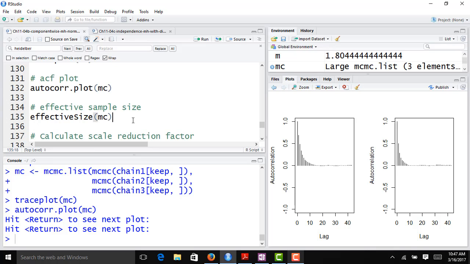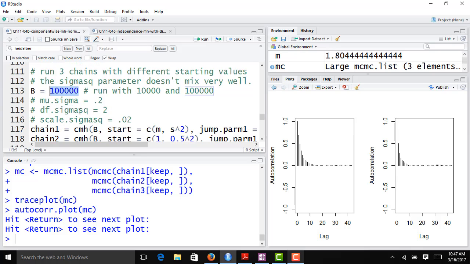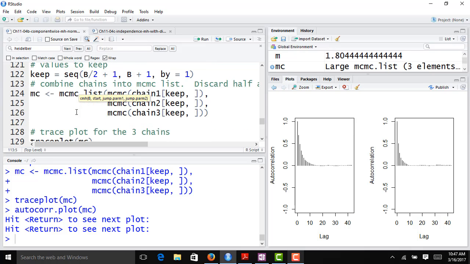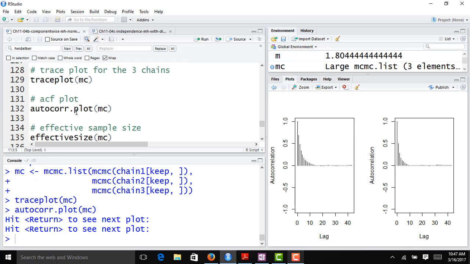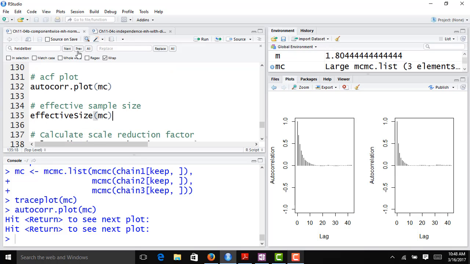Now we can look at our effective sample size. So we did 100,000 iterations in each chain. We kept half of them, and we ran 3 chains. So we ended up looking at 150,000 values in the combination of our chains. So that's sort of the baseline standard for our effective size.